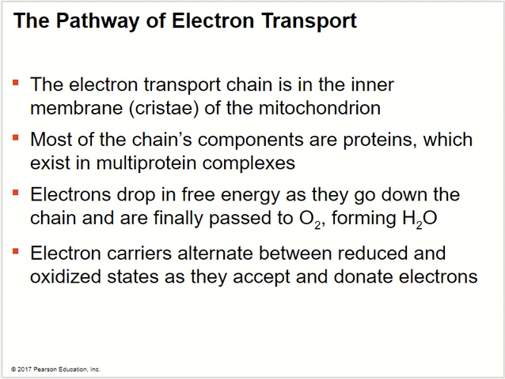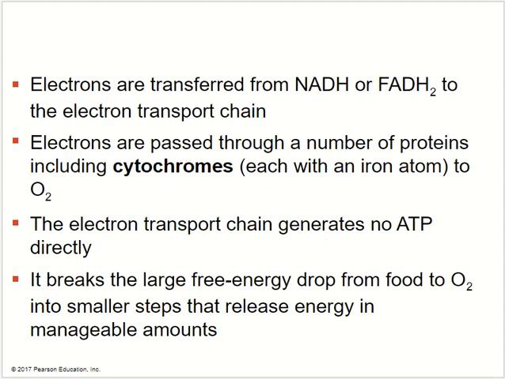Electron carriers alternate between reduced and oxidized states as they accept and donate electrons. Electrons are transferred from NADH and FADH2 to the electron transport chain. Electrons are passed through a number of proteins, including cytochromes, each with an iron atom, as they transfer to dioxygen.